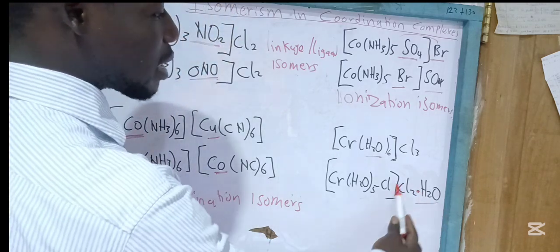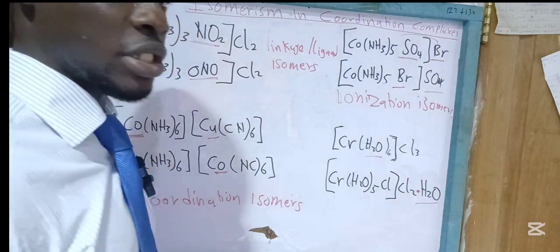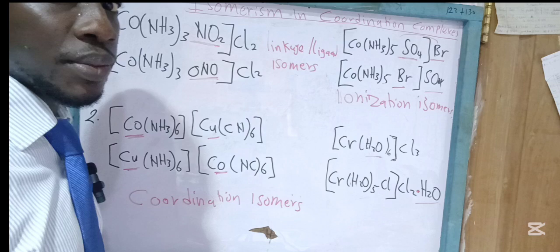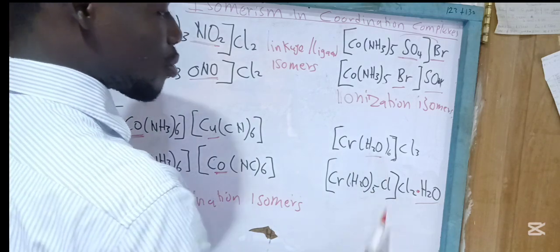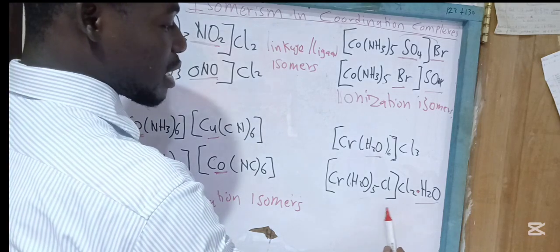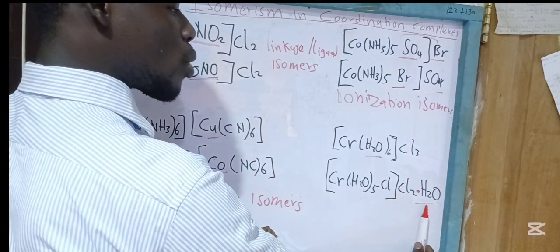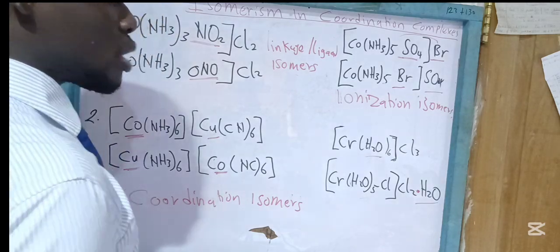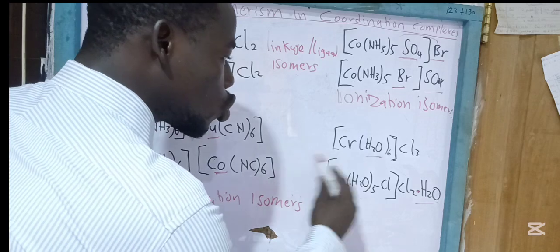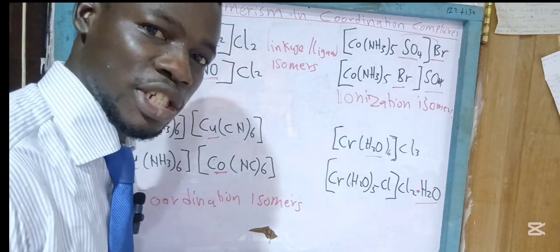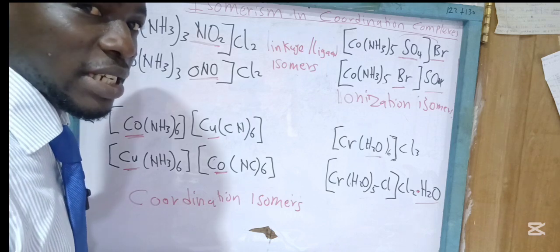The water outside the square bracket, the coordination sphere, is generally water of crystallization. So water is acting as a ligand in the first complex, and in the second complex we see water acting as a ligand and, at the same time, water of crystallization. So the type of isomerism exhibited here is hydration isomerism. So these two complexes are hydration isomers.